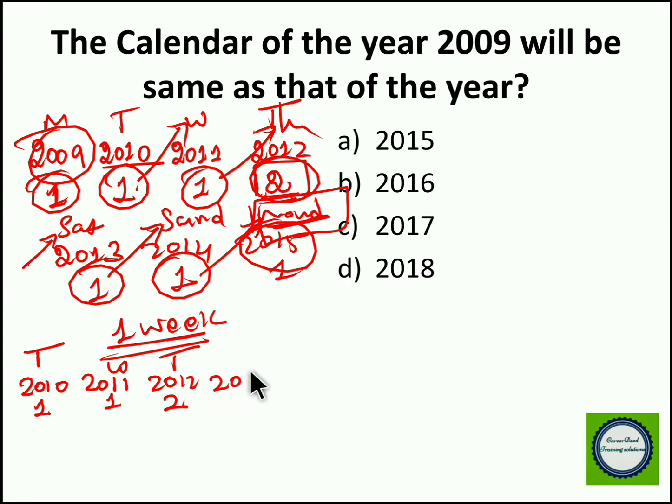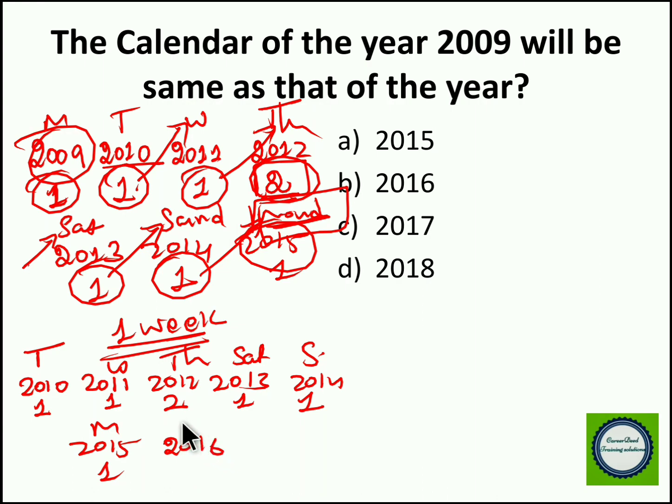In 2013 you get Saturday. You have 1 odd day. In 2014 you get Sunday. Again 1 odd day. In 2015 you get Monday. Again 1 odd day. In 2016 you get Tuesday, but you get 2 odd days.